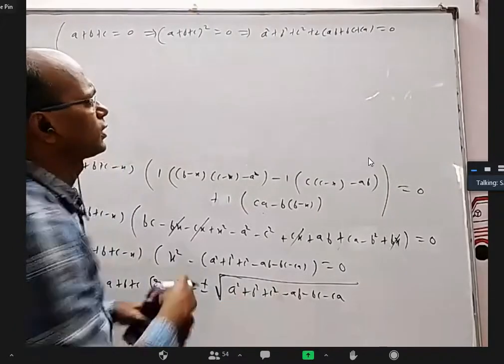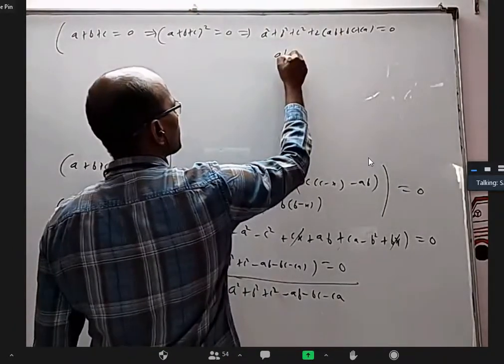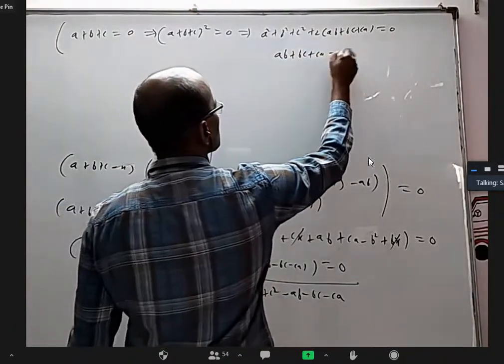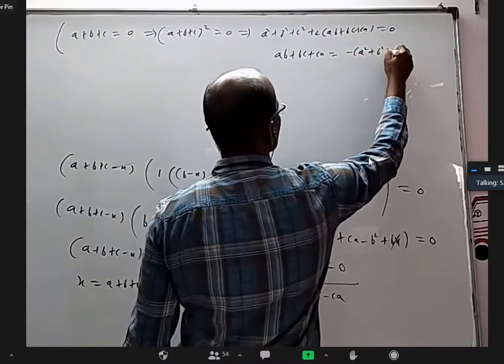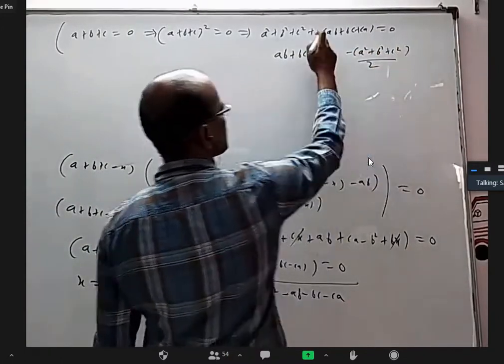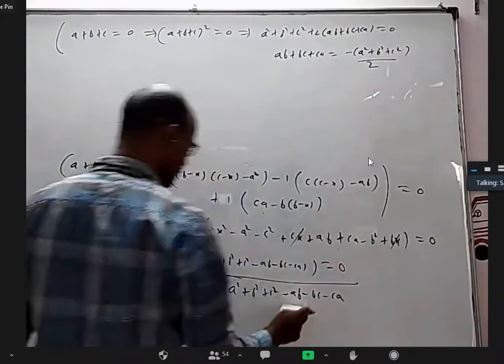I want to remove this, so I can send this to the other side. AB plus BC plus CA equals minus of (A square plus B square plus C square) by 2, using this. This I'm going to put it here.